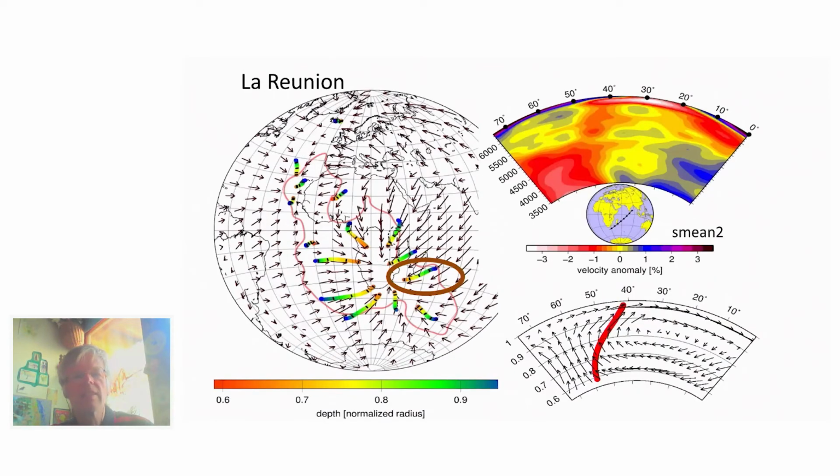Looking at other ones, this shows another tomography model where you can see this particularly well. This is the Reunion plume, another prominent plume, and here you can see this very massive African large low shear velocity province, and again the plume seems to rise from its margin and is tilted outward in a way more similar to what we have predicted.